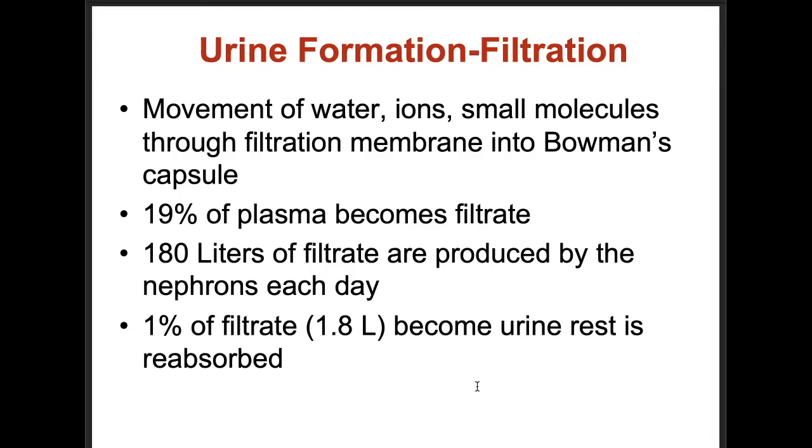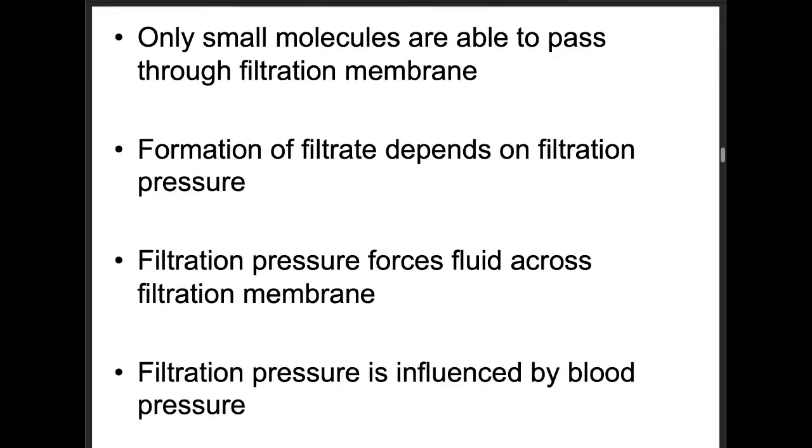Rest is being reabsorbed by our body. Okay, now next, only small molecules are able to pass through filtration membranes. Formation of filtrate depends on filtration pressure, while filtration pressure forces fluid across your filtration membrane, and filtration pressure is influenced by our blood pressure.